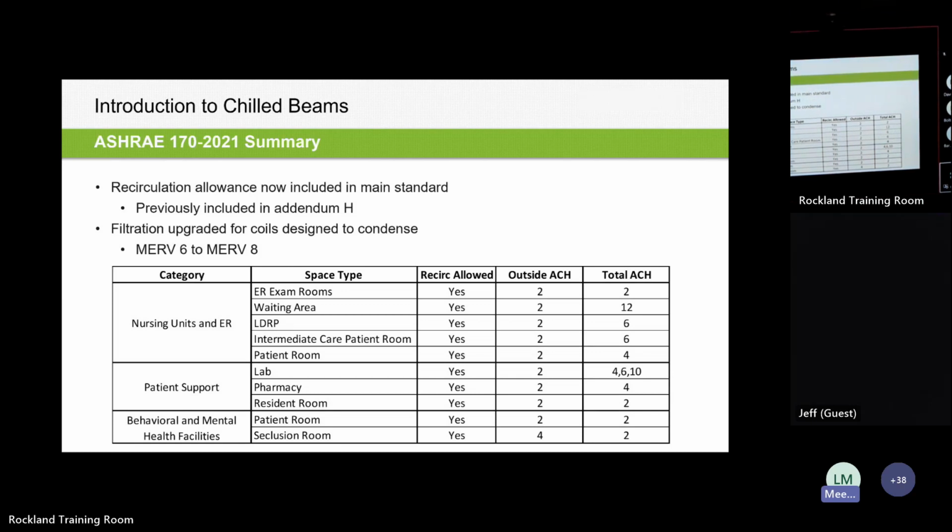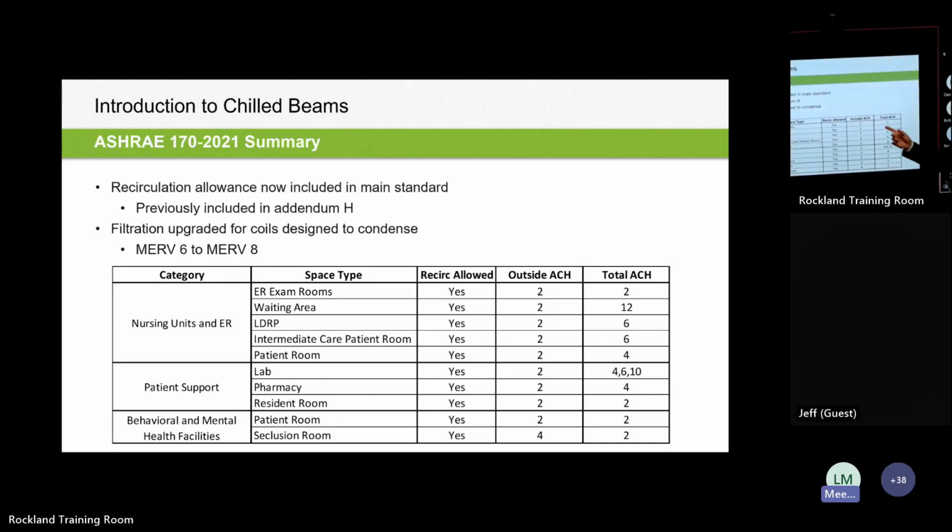So what ASHRAE 170 allows you to do is, you still have to have your minimum outside air change requirement, which would be the primary air component running to the chilled beam. But any difference from your total air changes can be utilized through the recirculation amount of air from the room side through that water coil. The important thing is just to make sure that, if you're designing with a dry coil, you don't need filters on the unit per ASHRAE.